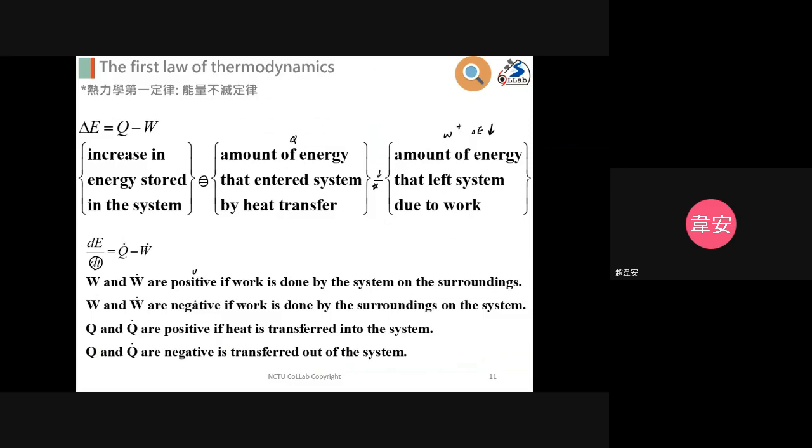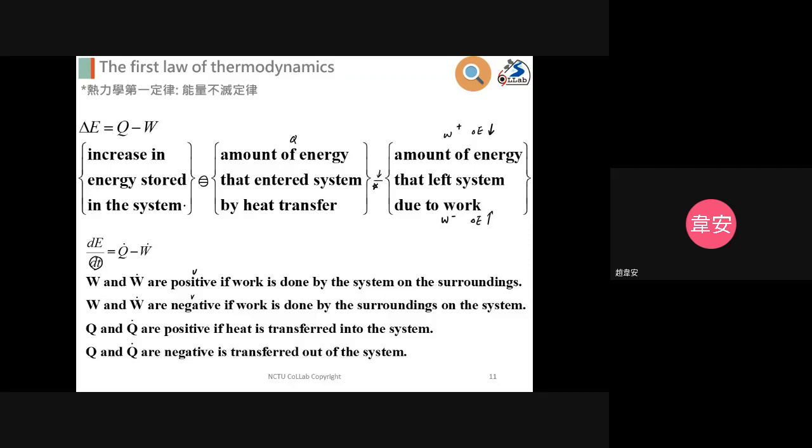If W is negative, so the work is done by the surroundings on the system, this work is minus, and we have an additional minus here. So it will let the energy stored in the system increase. So that's why it is done by the surroundings on the system, so that the energy in the system is increasing.